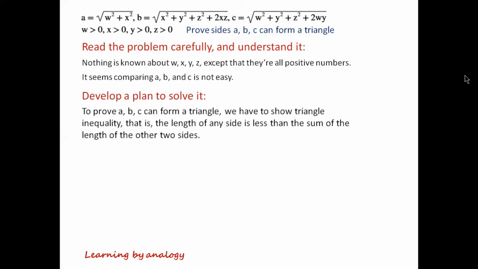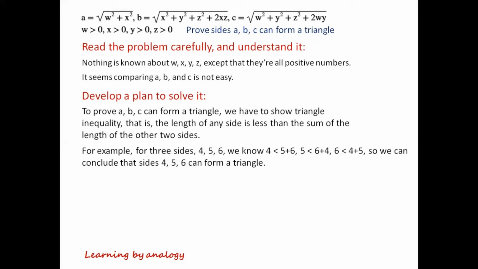To prove A, B, C can form a triangle, we have to show the triangle inequality. That is, the length of any side is less than the sum of the lengths of the other two sides.